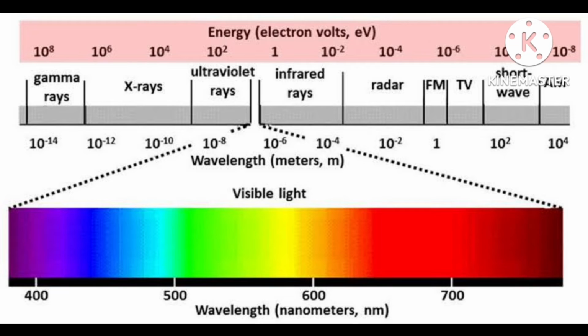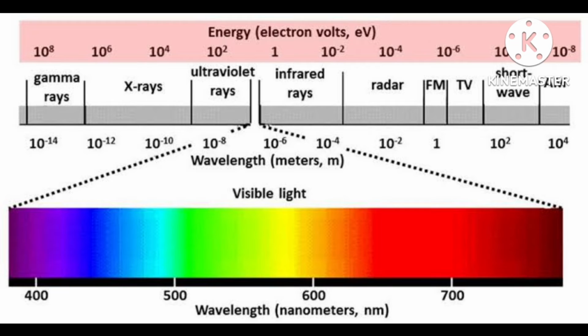In vacuum, all types of electromagnetic radiation, regardless of wavelength, travel at the same speed, that is 3.0 into 10 to the power 8 meter per second. Exactly, we can say 2.997925 into 10 to the power 8 meter per second.